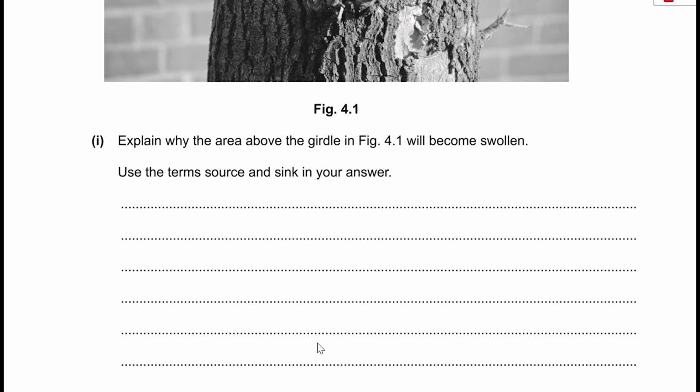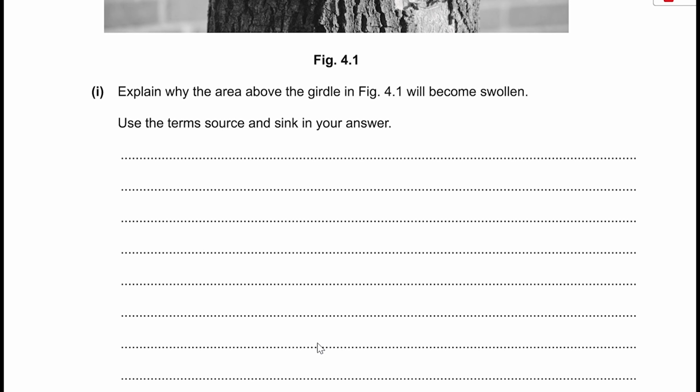Alright, so use the term source and sink in your answer. Okay, so we're going to say that sources are the place where photosynthesis is occurring, and it's definitely the leaves. And of course the roots are going to be acting as the sinks.